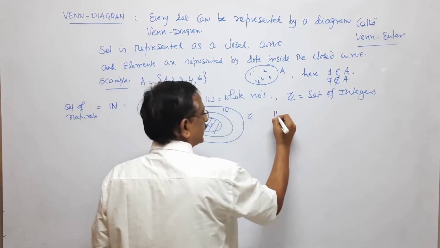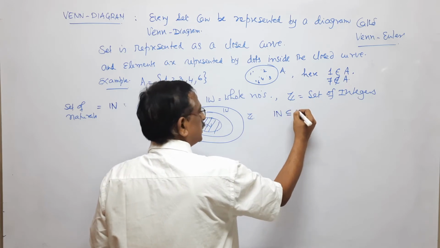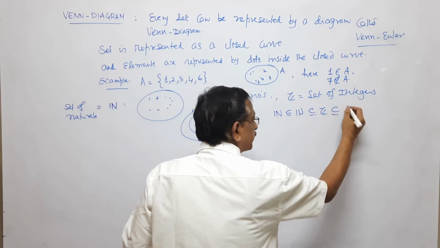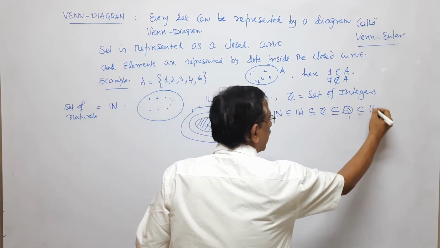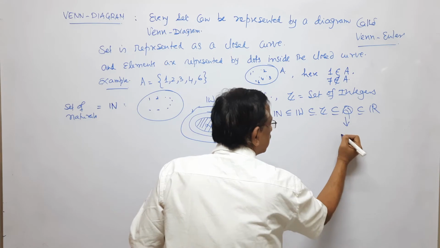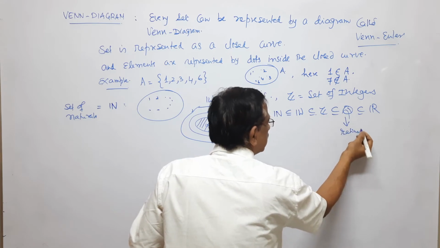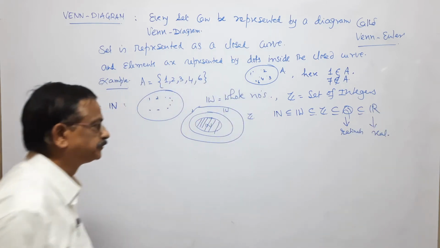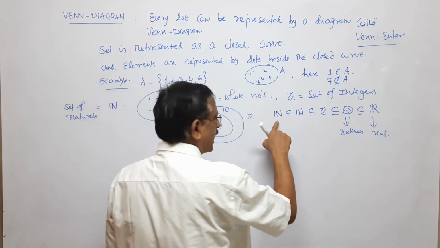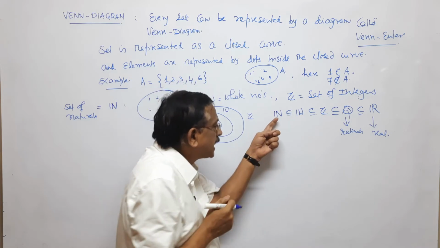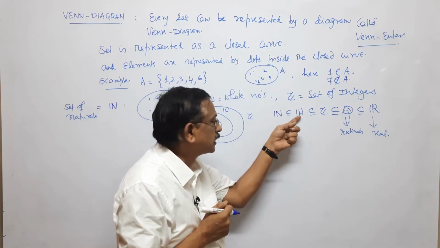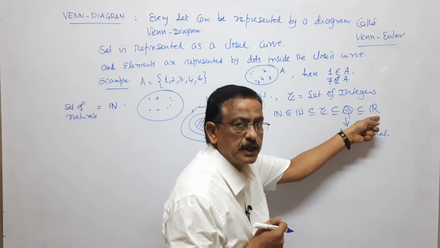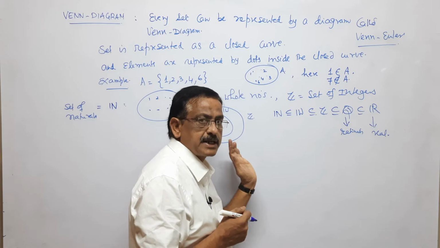This says that N is a subset of W, W is a subset of Z, and Z is a subset of Q, Q is a subset of R. This Q is the set of rationals. These are reals, real numbers. Now, I can easily see that any natural number is a whole number, is an integer, is a rational number, is a real number. But the converse doesn't hold.